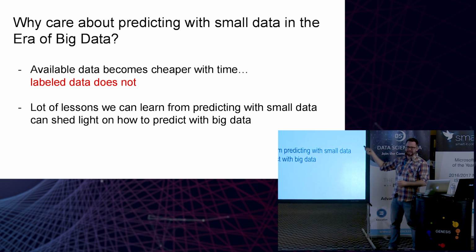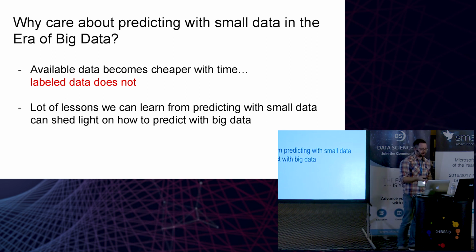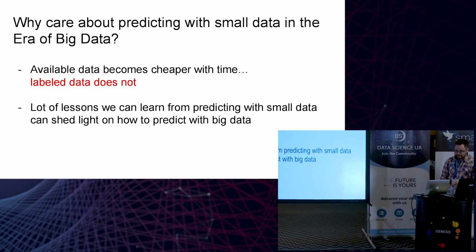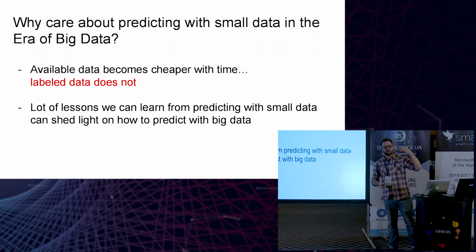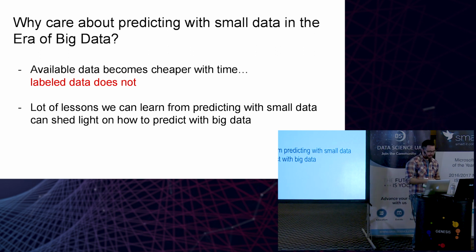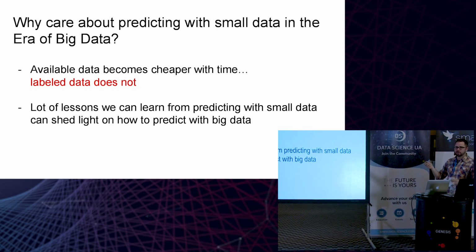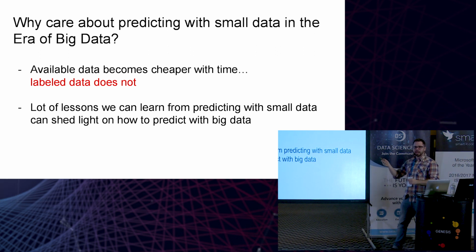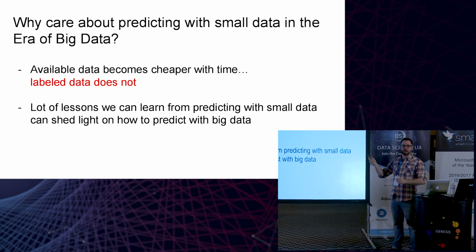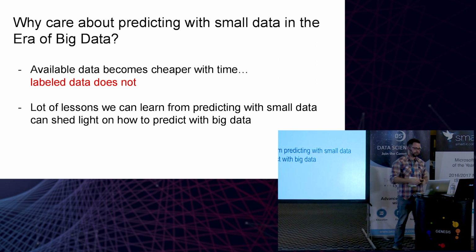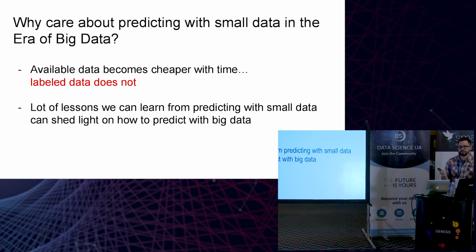Again, why do we care about predicting with small data in the era of big data? The truth is, every time we will get more and more data, but labeled data is still, and I'm sure it will always be, very costly.